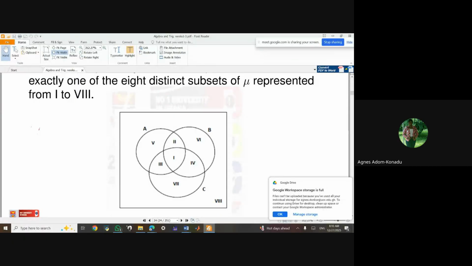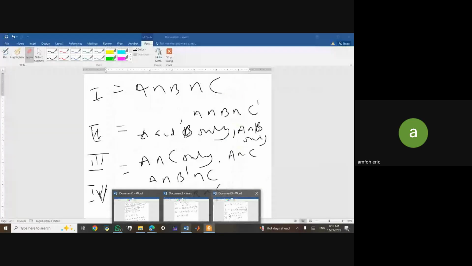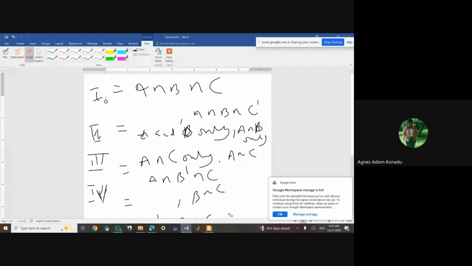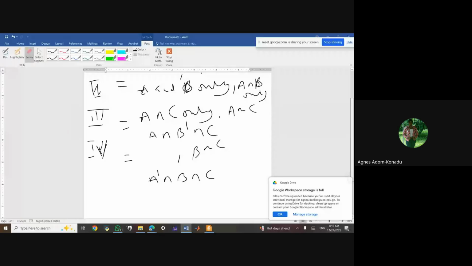Let's put it there. Then we'll look at the marking scheme. Okay. So the last one. Are we done with the third one? Okay, the third one, you are saying A intersection B complement. So that one is accepted. So how about A intersection C?